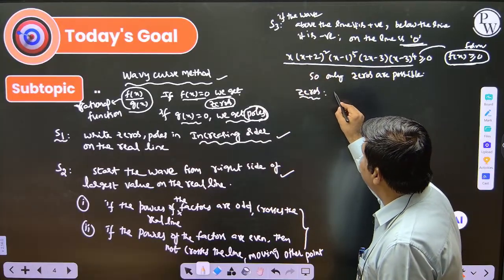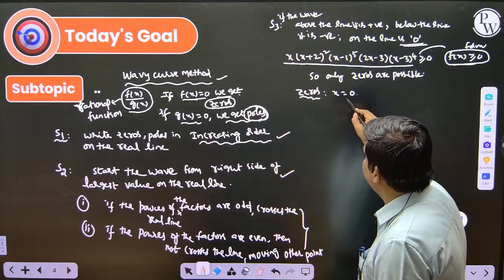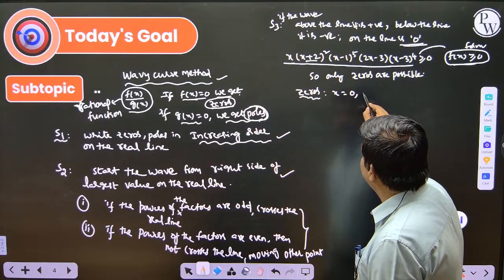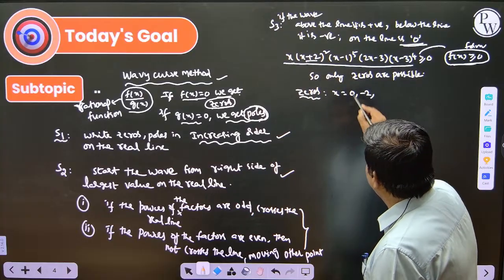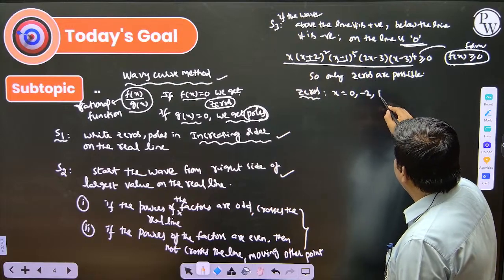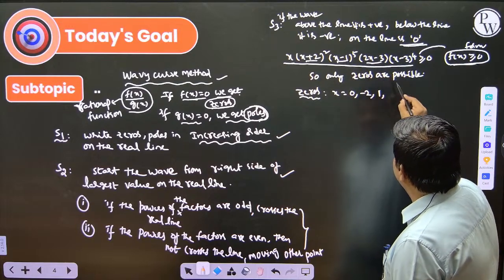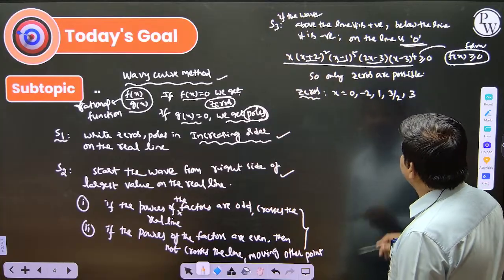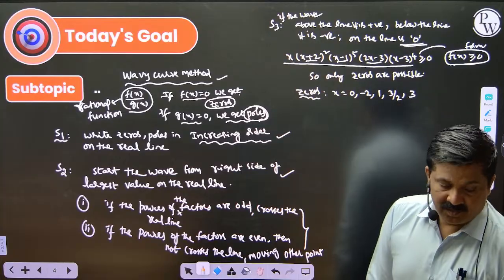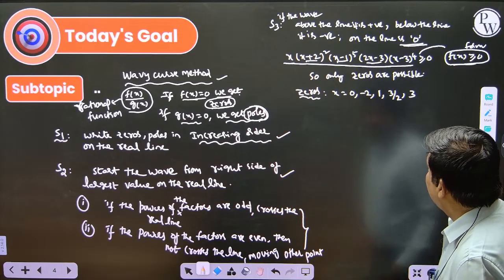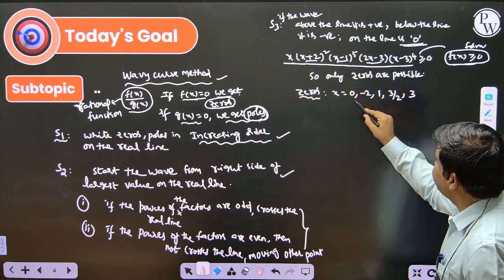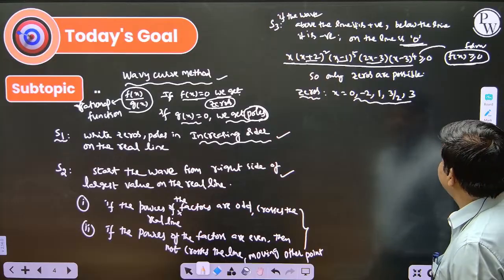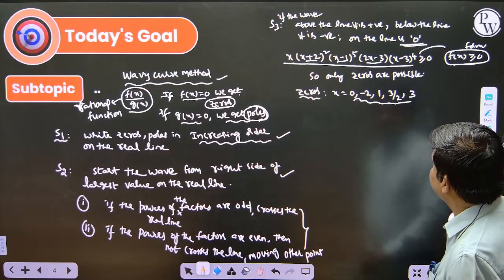This equated to 0, we get 0. This, we get minus 2. This, we get 1. This, we get 3 by 2. This, we get 3. So by equating each factor, we are getting zeros, because here only zeros are possible.